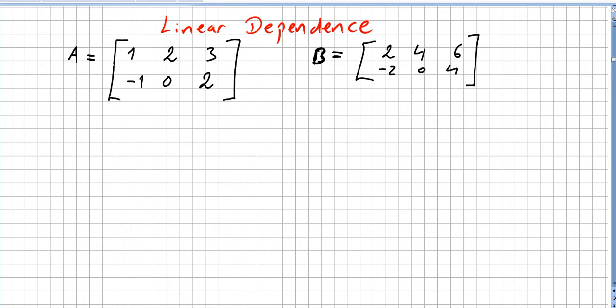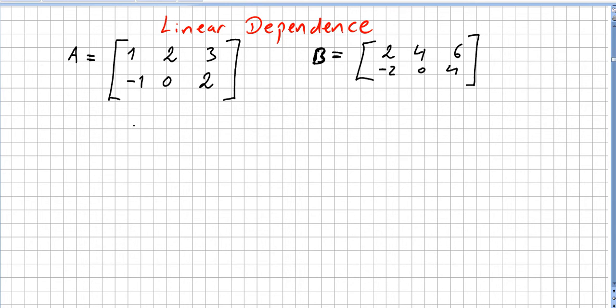Okay, let us say we have a matrix A and another matrix B, where A is 1, 2, 3, minus 1, 0, 2, and B is 2, 4, 6, minus 2, 0, 4. Now the question is, are these matrices dependent?